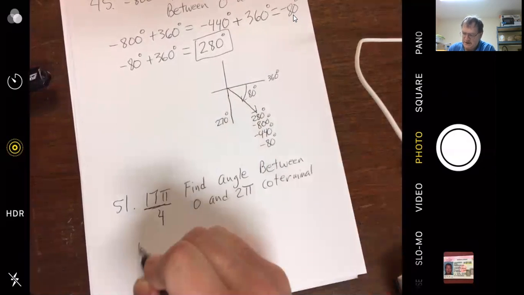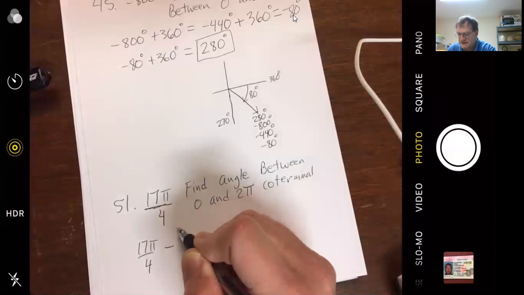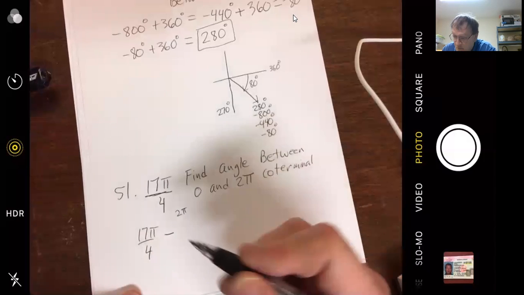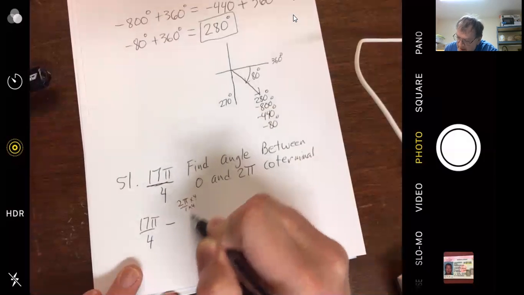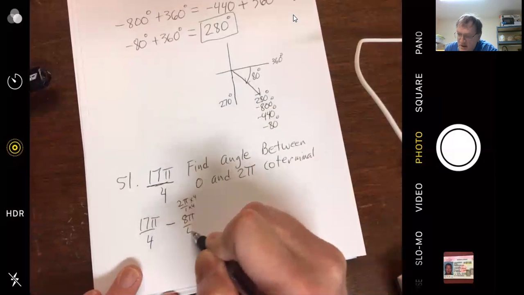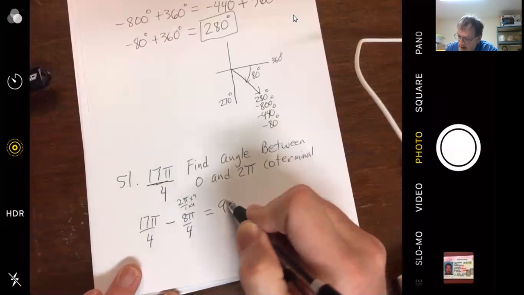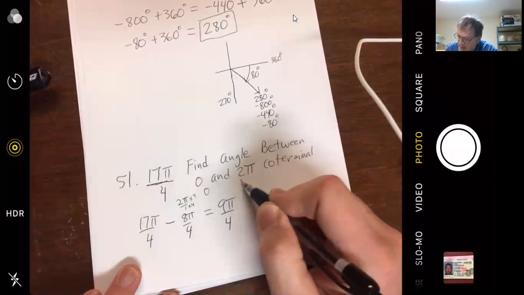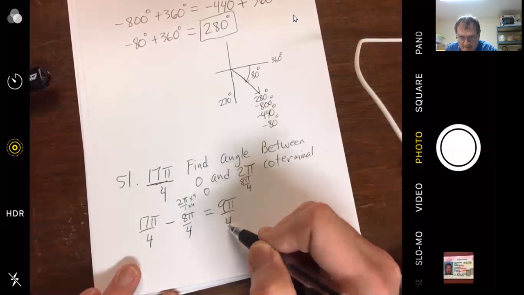All right, it's 17 pi over 4, and you're going to subtract, well, I could call it 360, that's a different system, but 2 pi. Once again, the denominator is 4, so times 4, you'd be at 8 pi over 4. So that would get you to 9 pi over 4. 0 to 2 pi would be 0 to 8 pi over 4, so we're still just above 2 pi.